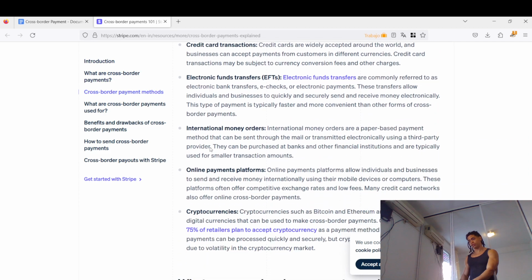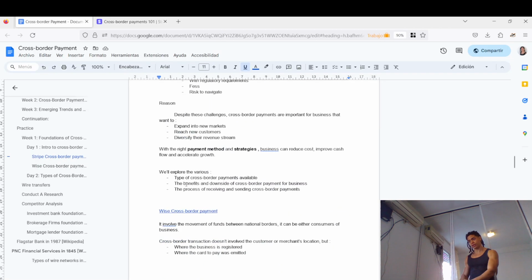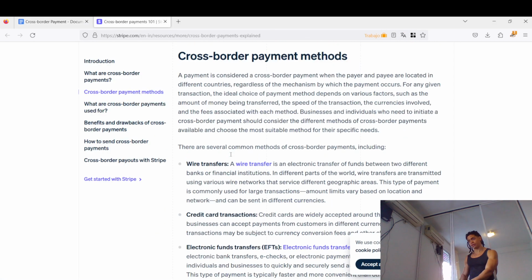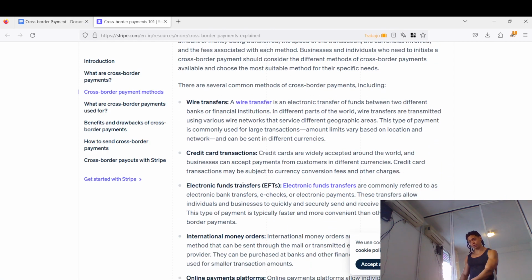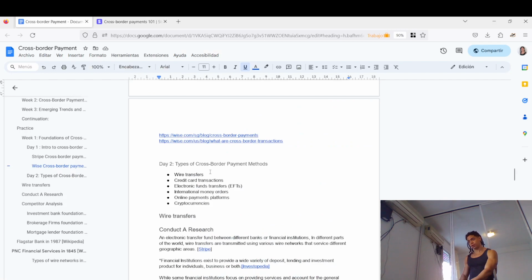So these are all the different options you can go with, right? Wire transfers, credit card transactions, electronic fund transfers, international money orders, online payment platforms and cryptocurrency. There are several right now.